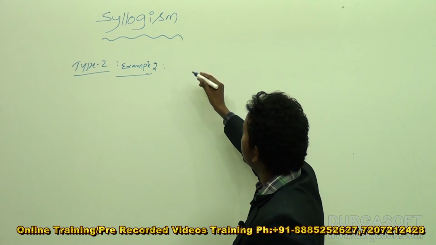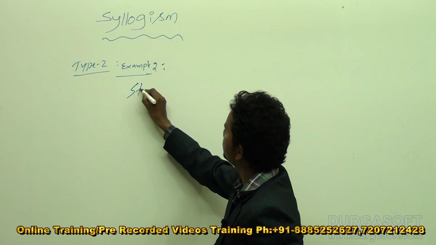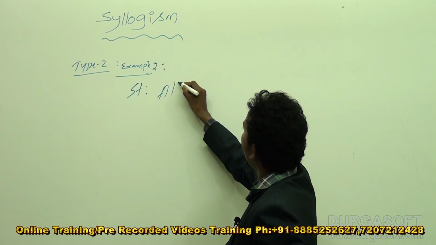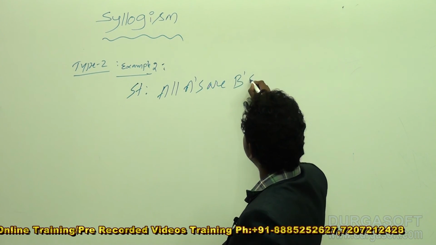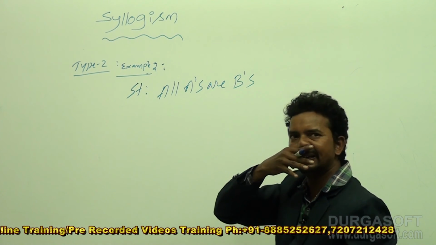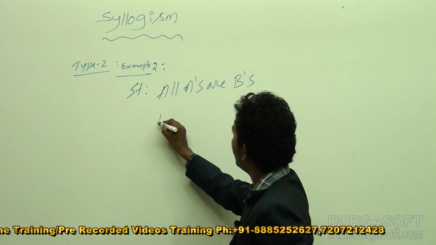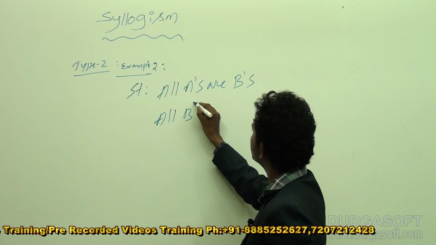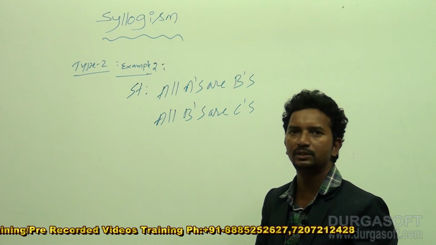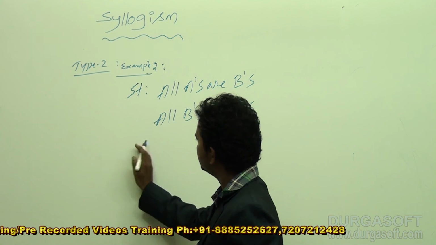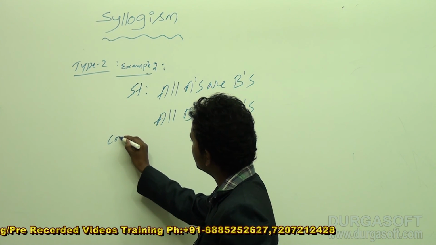Here my statement is: all A's are B's. Now all B's are C's. This is my statement. Now what are the conclusions?